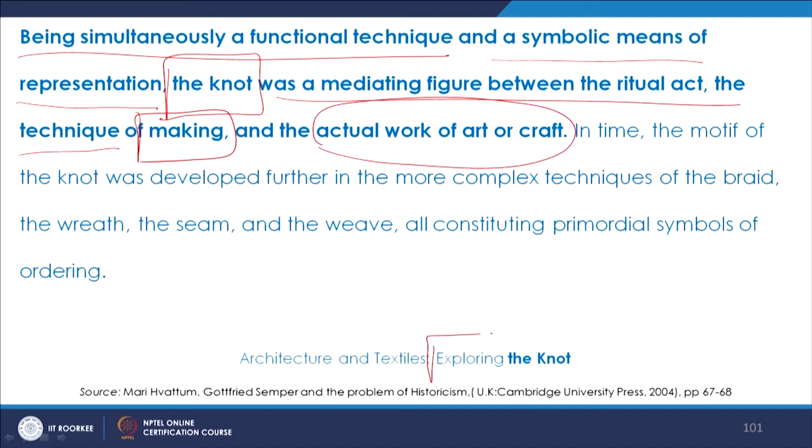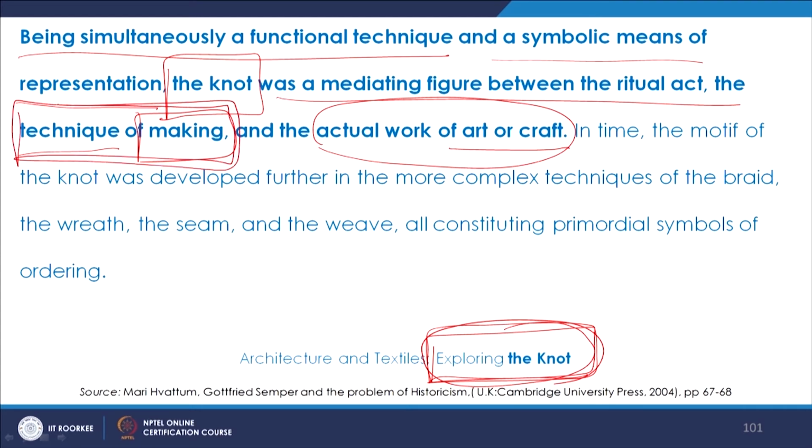So, we are talking about exploring the knot here that we see within textiles, and how it has a very significant role in the work of art, craft, and also architecture, because basically the focus is technique of making and the structural nuances of knot.